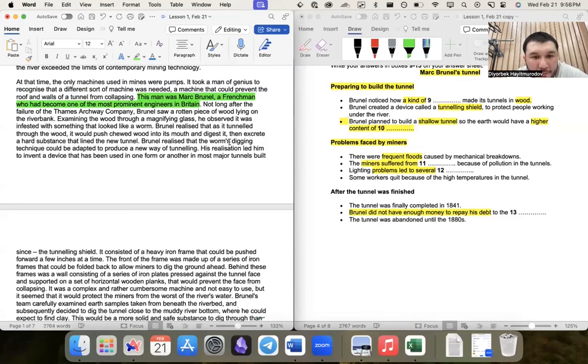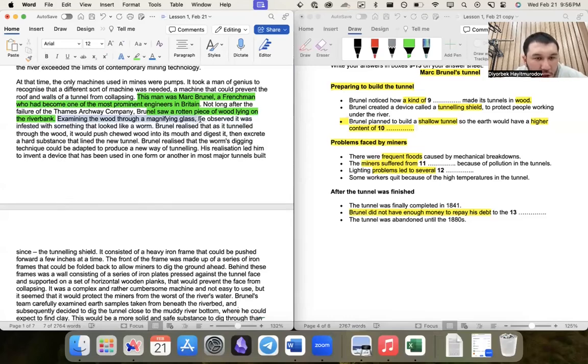All right, so not long after the failure of the Thames River Company, Brunel saw a rotten piece of wood lying on the riverbank. U chirib yotgan yog'ochni ko'ribdi. Examining the wood through magnifying glass, katta qiladigan glass bilan qaraganda, u nimani ko'ribdi? Magnifying glass, lupa degan.